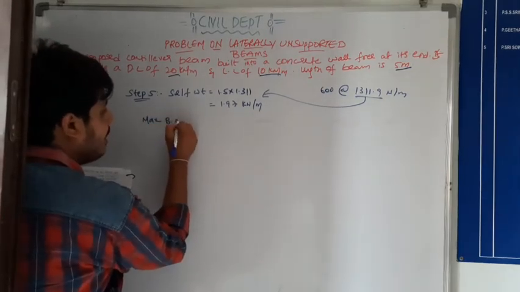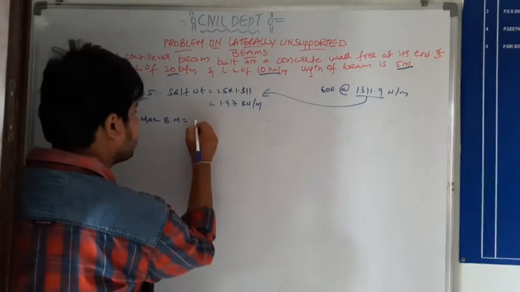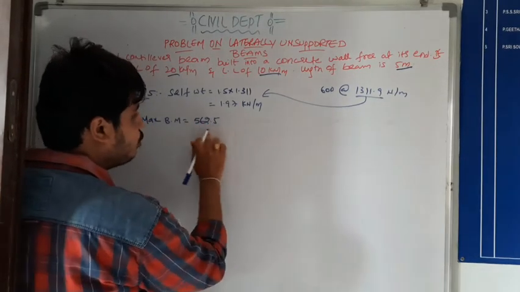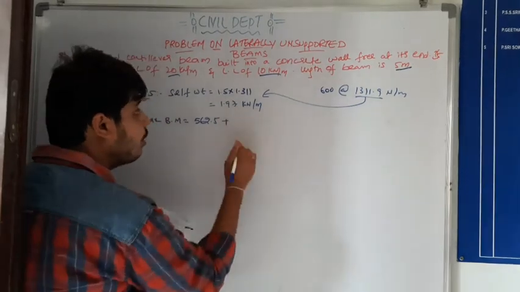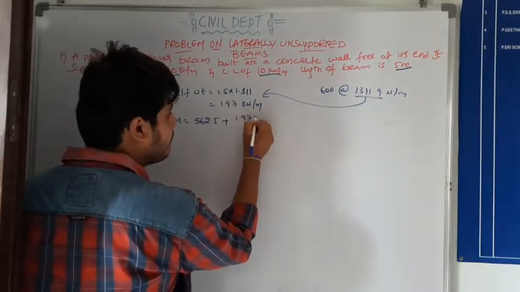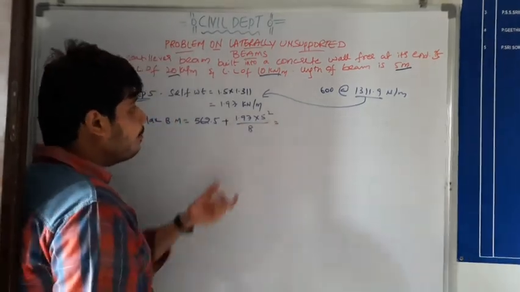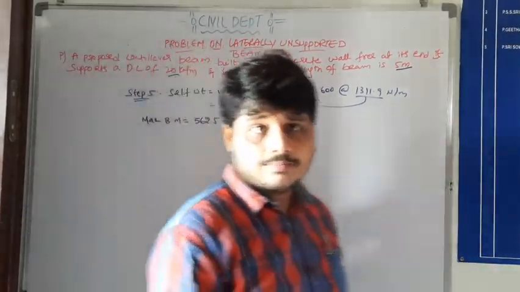The maximum bending moment: we have already calculated one bending moment, that is 562.5, plus this load, 1.97 into 5 square by 8. Here we are taking a simply supported beam.